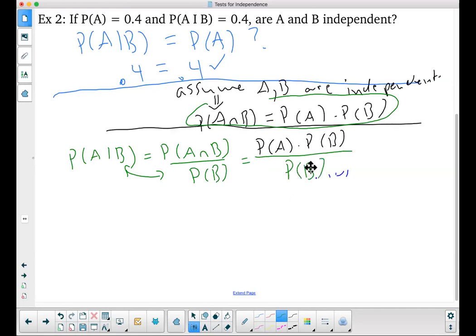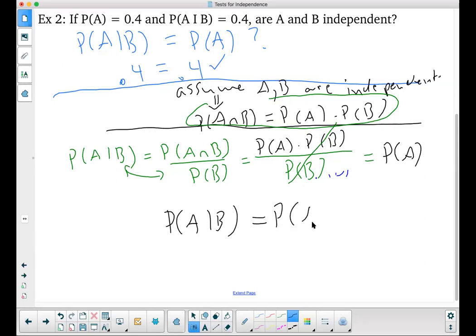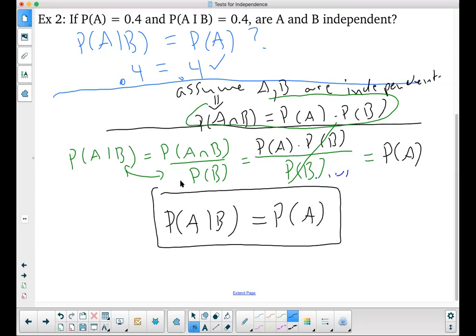And now a probability is a number, so these numbers would divide to 1, and this would be the probability of A. So the probability of A given B, if A and B are independent, simply equals the probability of A. So that's the second formula, that's where it comes from.